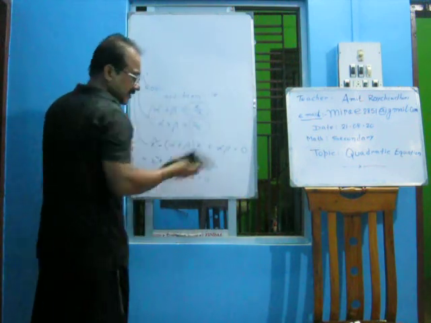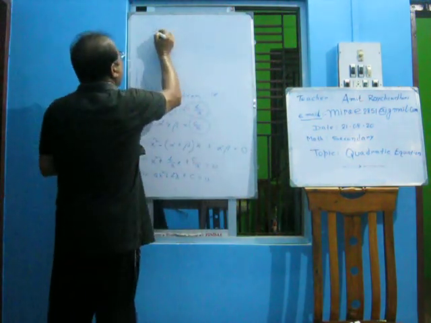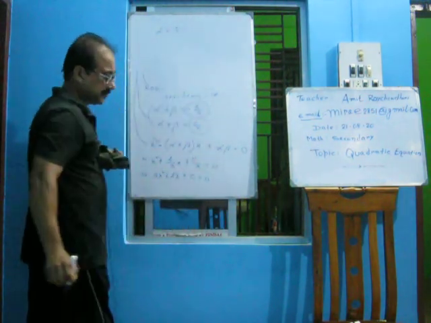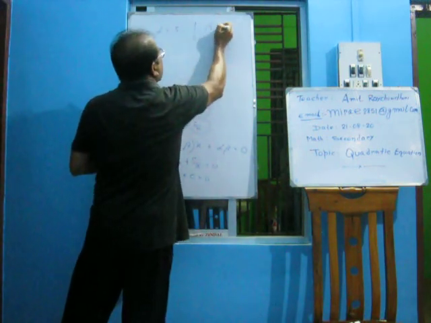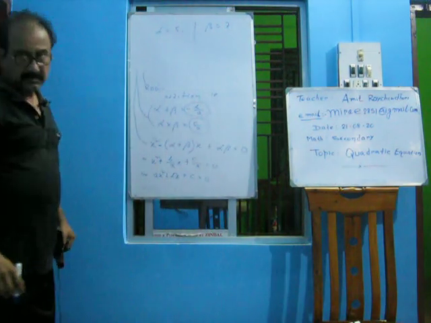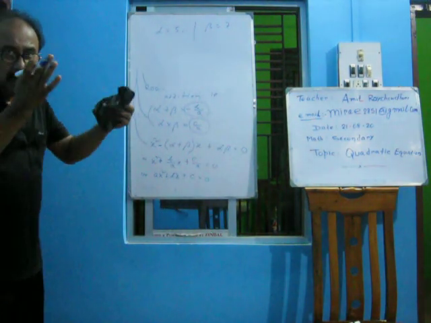If somebody says alpha equal to 5, meaning one root is 5 and the other root beta is 7, then what will be the equation?